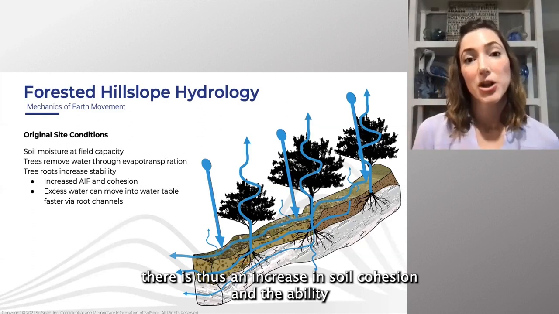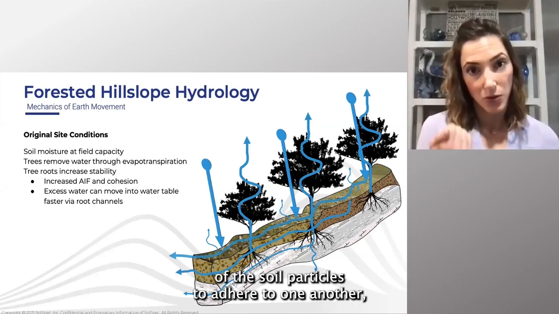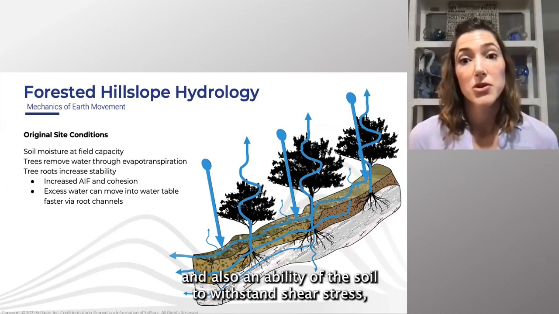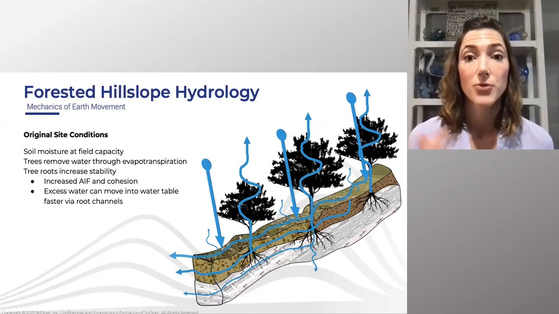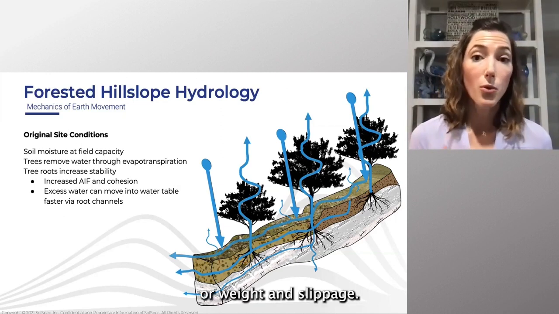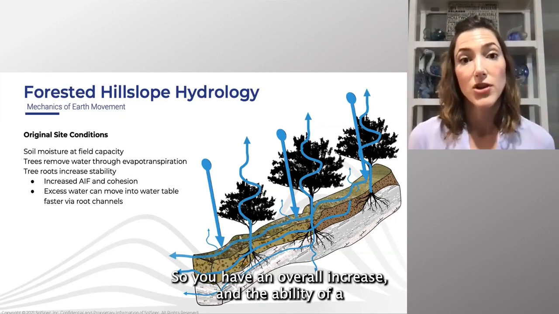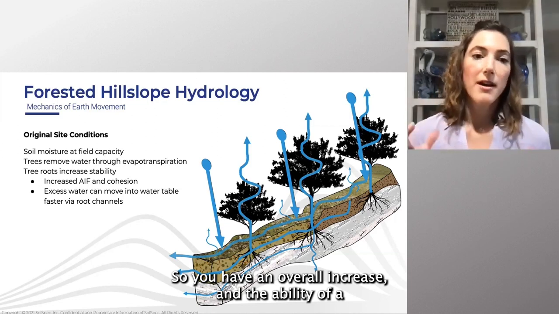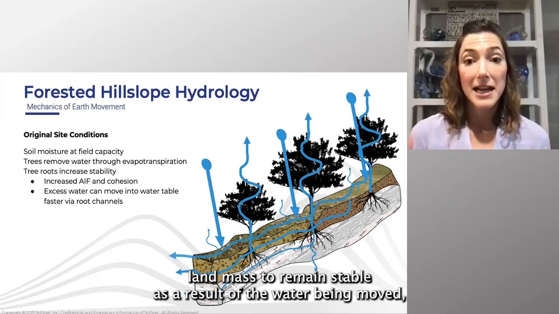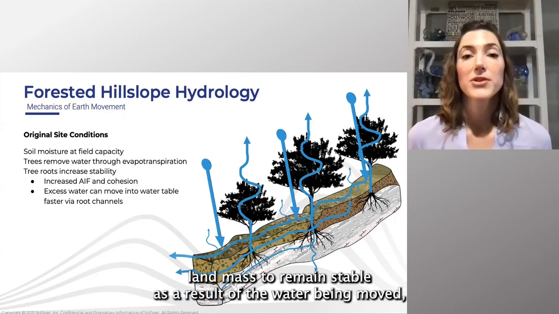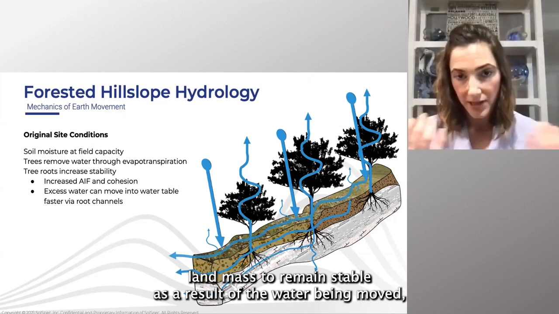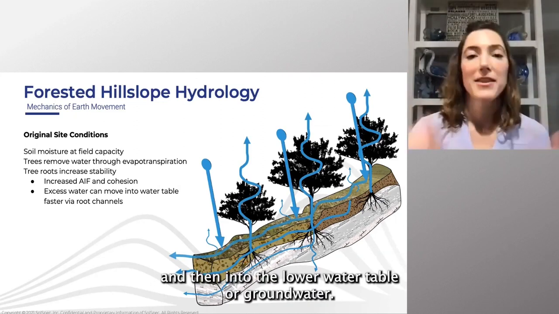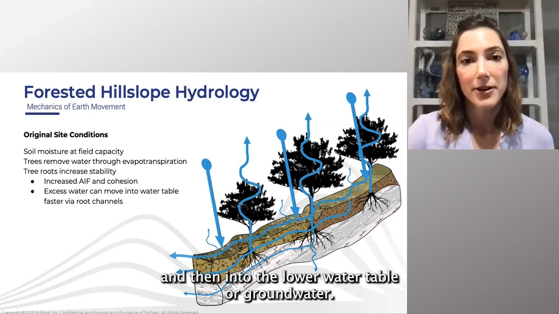There is thus an increase in soil cohesion and the ability of those soil particles to adhere to one another, and also an ability of the soil to withstand shear stress or weight and slippage. So you have an overall increase in the ability of a land mass to remain stable as a result of the water being moved from that surface area into the atmosphere and then into the lower water table or groundwater.